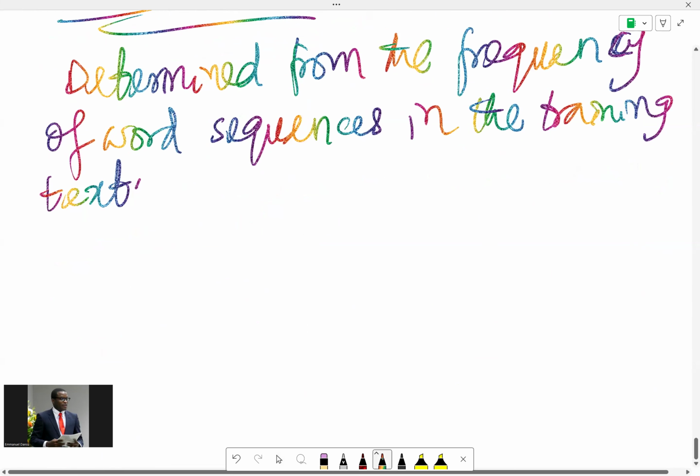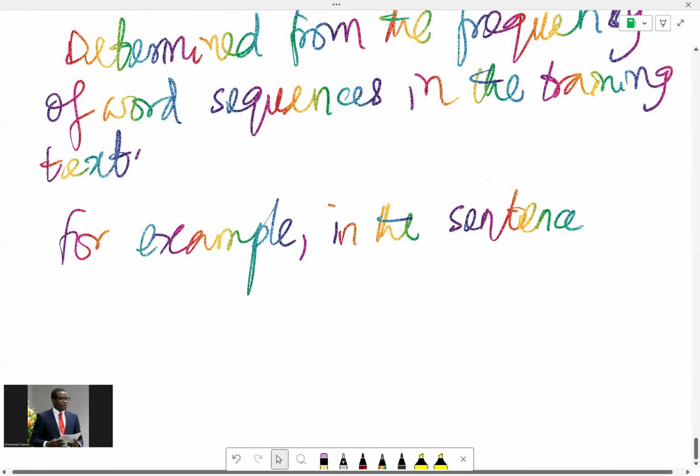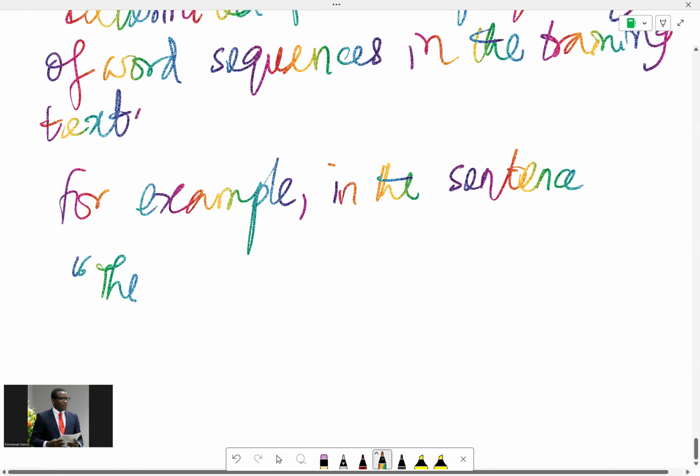For example, in the sentence, the cat sits on the mat.